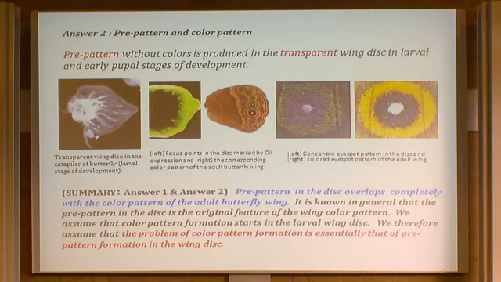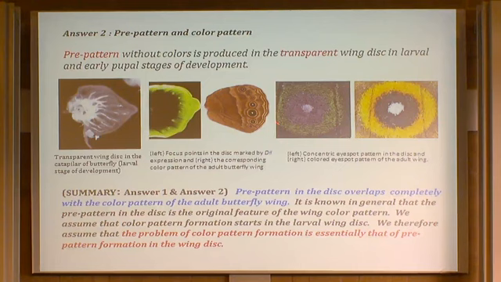Further, the antibody technique revealed that in addition to the focus point, a concentric color pattern already exists in this transparent wing disc in the larval or early pupal stages.